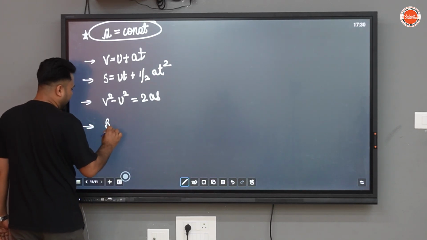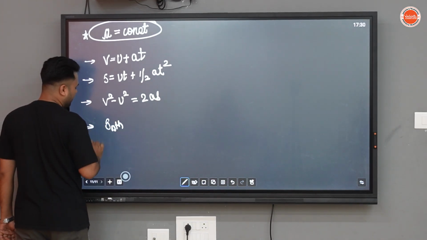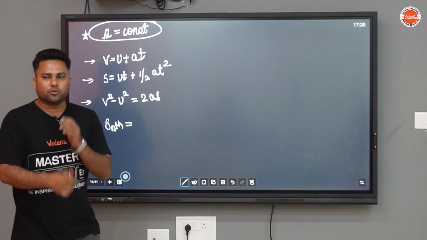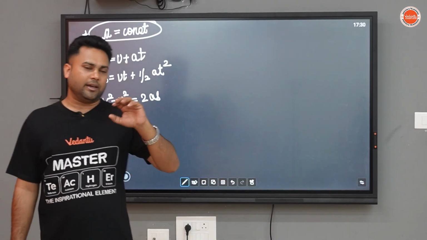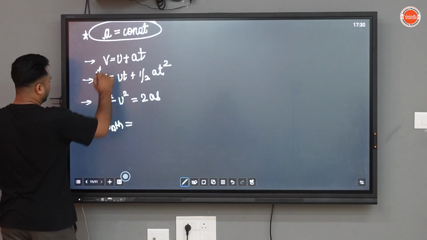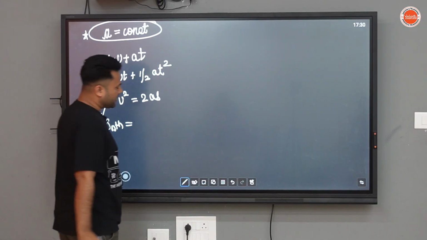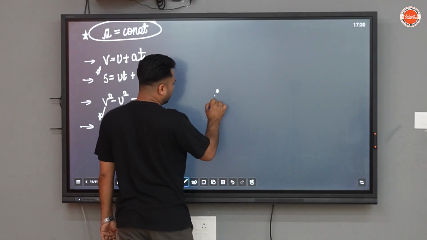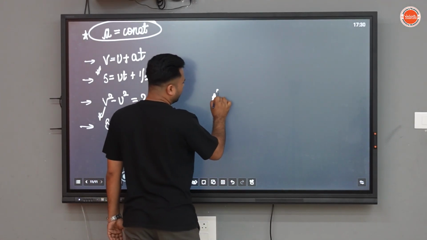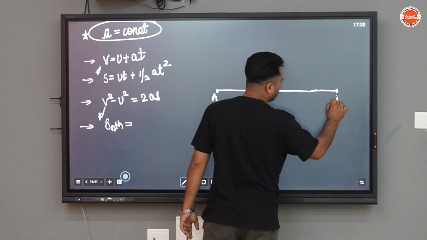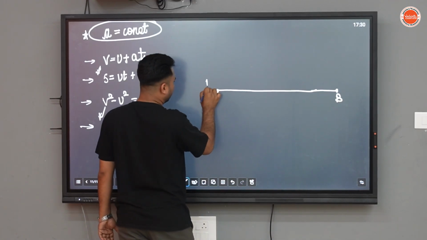Distance covered in nth second. So first, you should understand what is distance covered in nth second and what is the difference between these two. Okay. So suppose you started the journey from this point, this is A. So this is at t equals to 0.